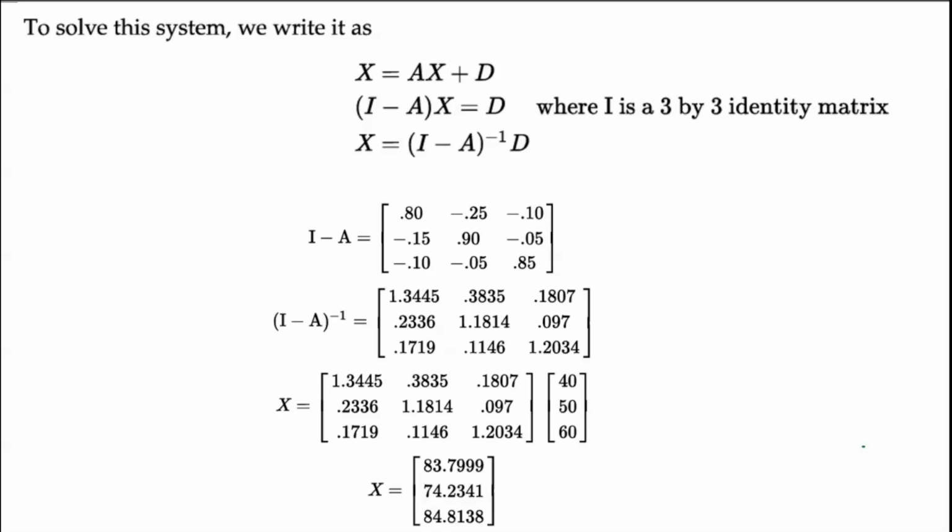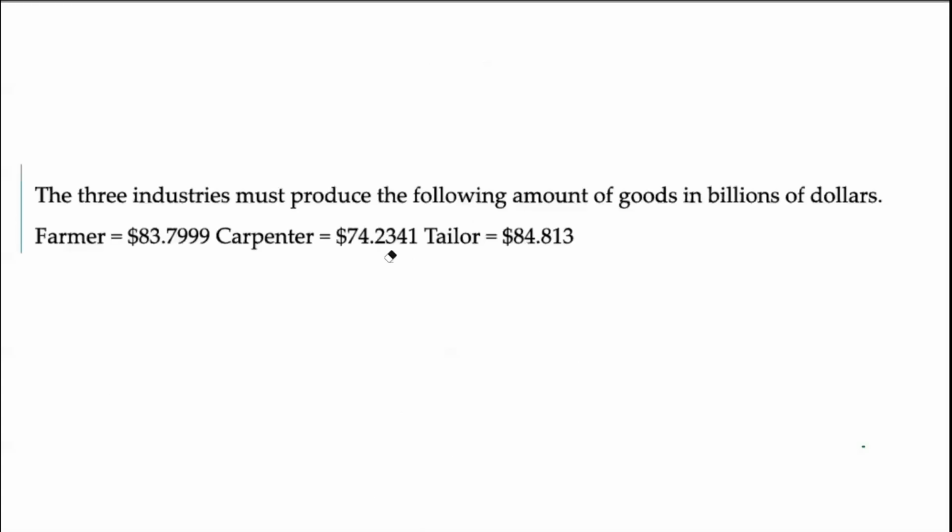And the tailor, in terms of clothing, has to produce 84.813 billion. Only then will they be able to satisfy this economy, the demand, what they're using and what they have surplus to export. They have to be producing at this level to satisfy that demand. I think that's what they're telling you here.